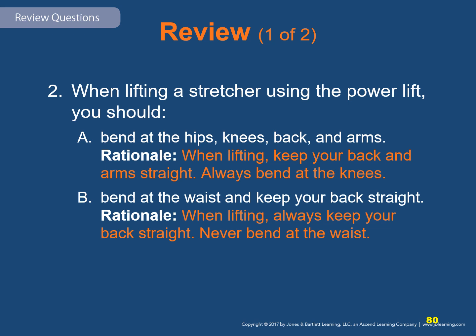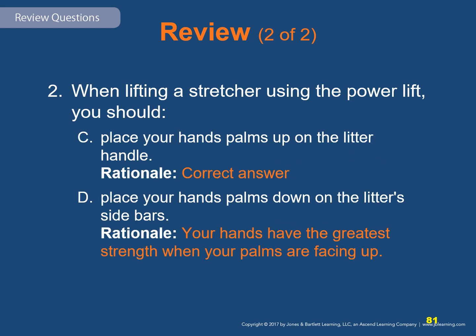That's incorrect, because when lifting, you always want to keep your back straight, never bend at the waist. C, place your hands palm up on the litter handle. Again, that's the correct answer because it gives you the most power and strength. And D, place your hands palms down on the litter sidebar. And that's incorrect because we just discussed that palm up is the greater advantage in terms of strength and lifting power.